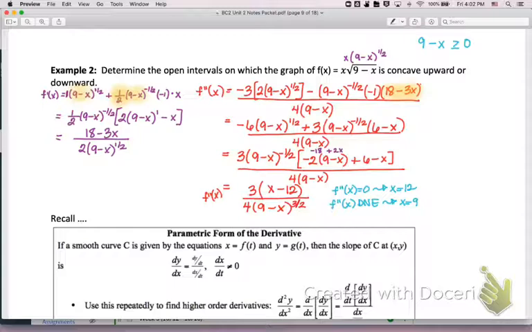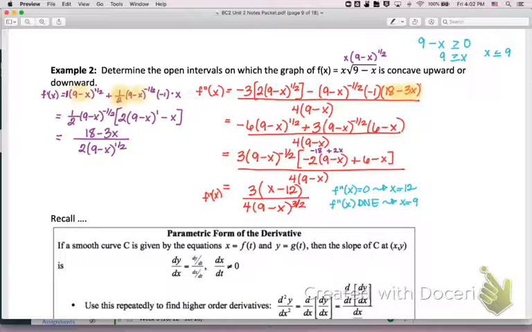So if I add x to both sides, that tells me that x has to be less than or equal to 9. That is the value of our domain. Nope, I'm sorry, I've got that backwards. Let me not try to do too many steps at one time. If I add x, I get 9 is greater than or equal to x. No, that's right. So x has to be less than or equal to 9.